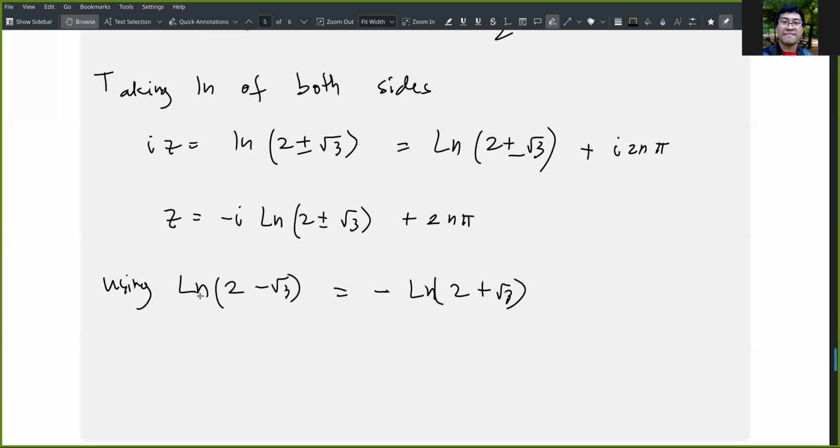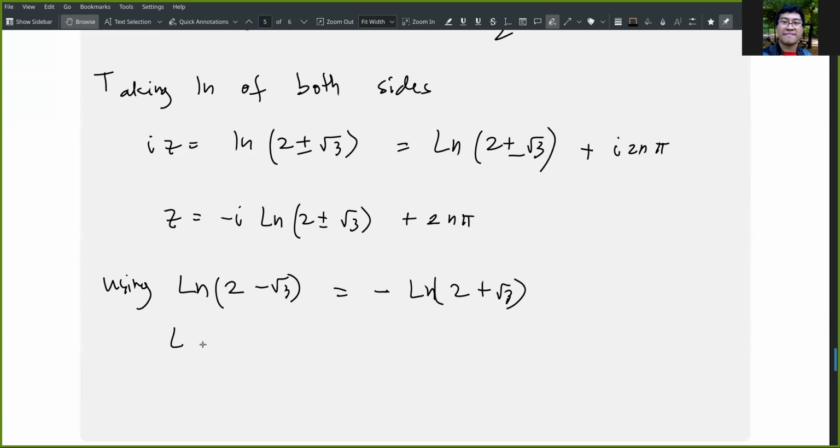That would be easy. Ln of 2 minus square root of 3 means you can turn minus square root of 3, so then eventually you can write negative ln of 2 plus square root of 3.